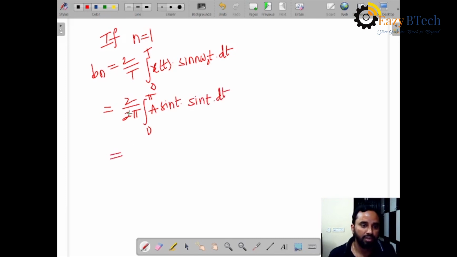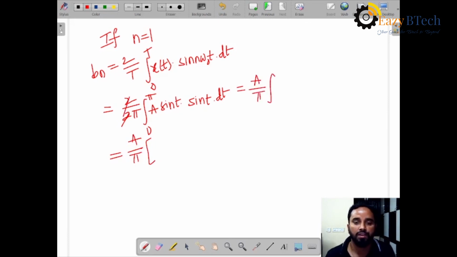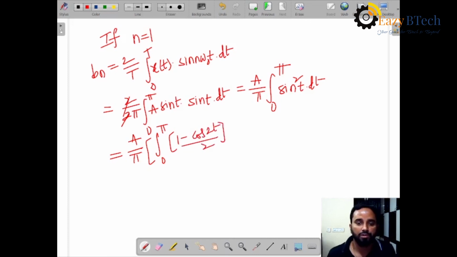So here 2 get cancelled, a by pi sine t, sine square t, right? So I am writing once again, a by pi integral 0 to pi sine t into sine t, sine square t dt. So sine square t we can write as 1 minus cos 2t by 2. So integral 0 to pi 1 minus cos 2t by 2 dt.